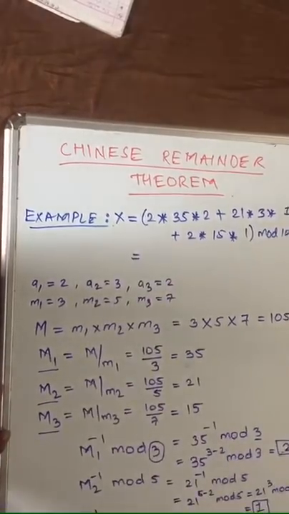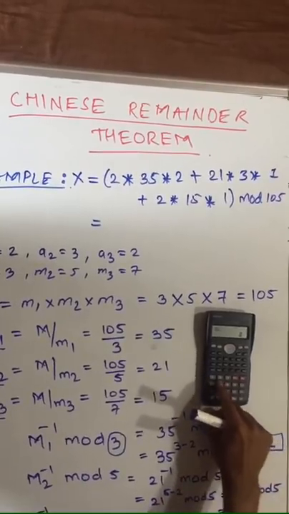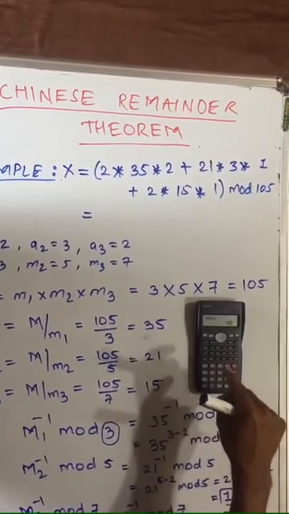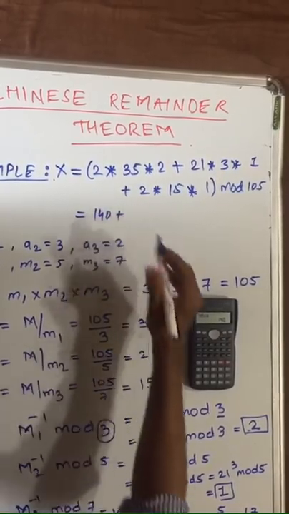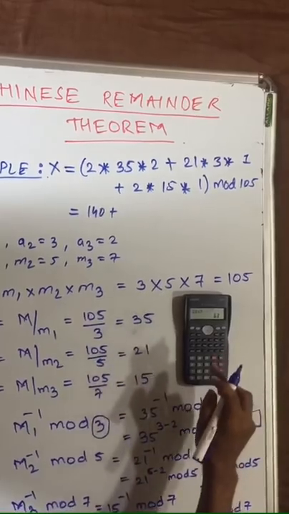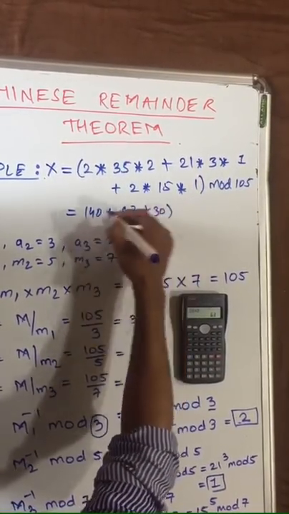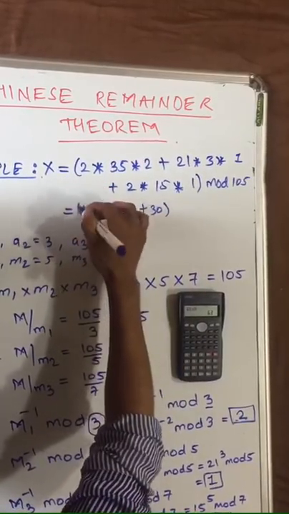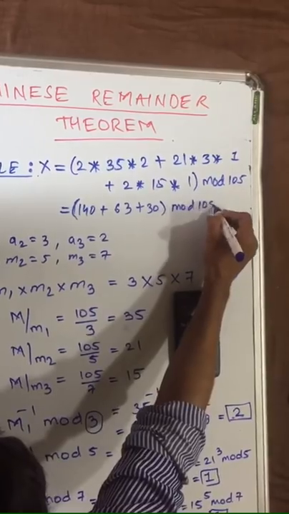Now the summation of this: 35 into 4 will be 140. 140 plus 21 into 3, 63, plus 30, mod 105.